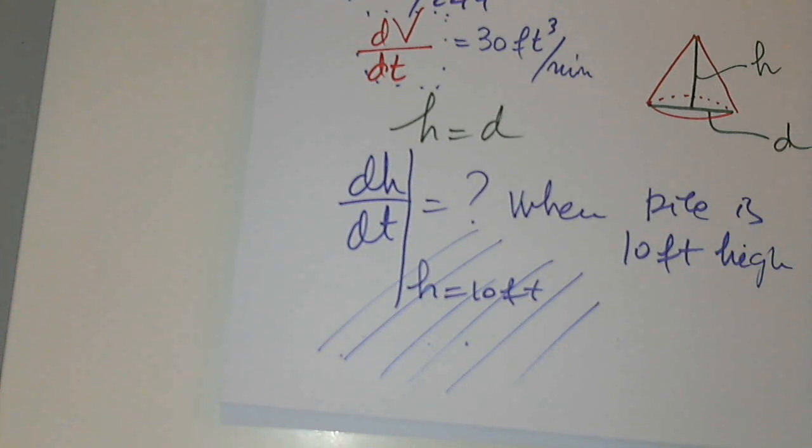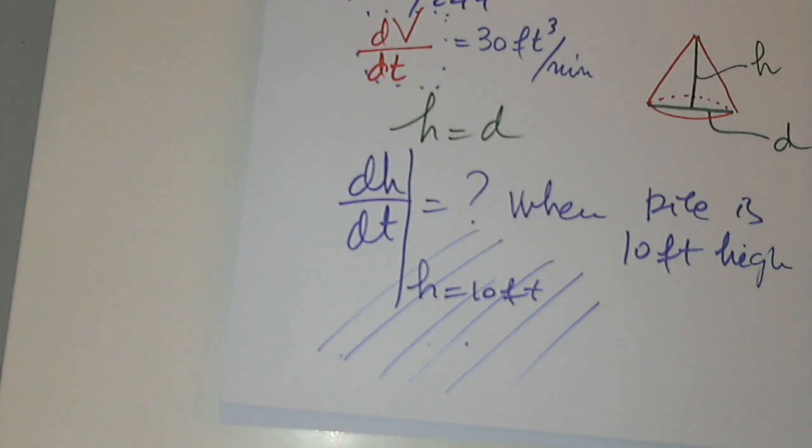And what other function has to be related to the volume? The function called height, which is also a function of time. So I have the function called volume, and I have the function called height. I have to find the relationship between these two functions, and I have to differentiate that relationship to find a relationship between their rates of change.